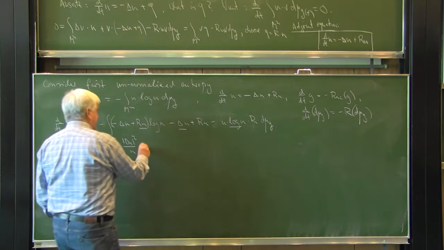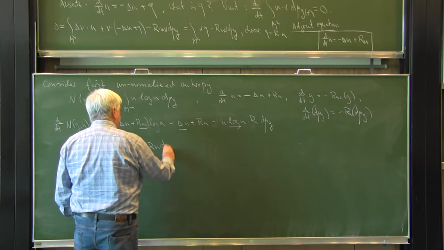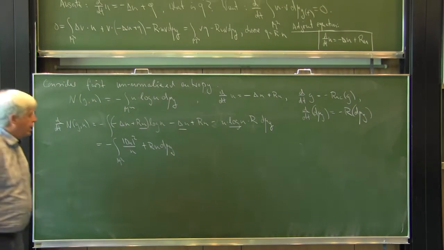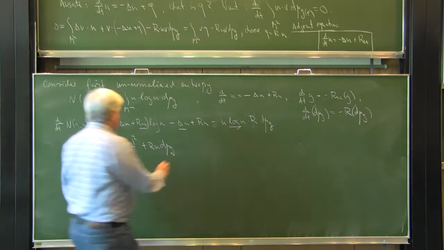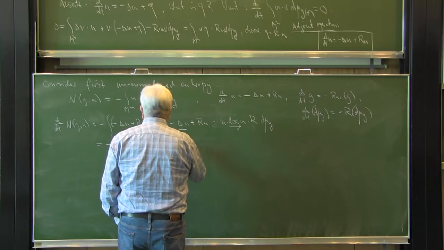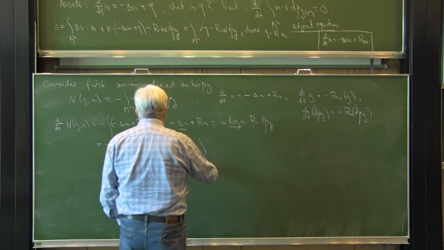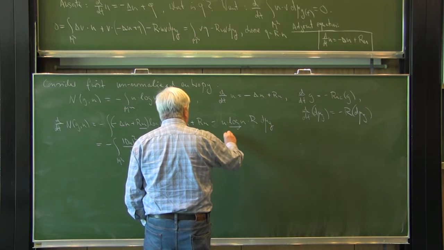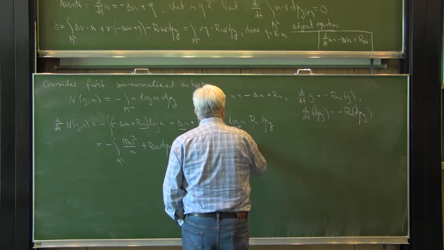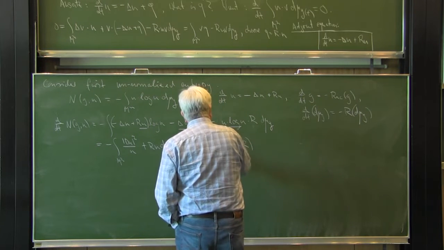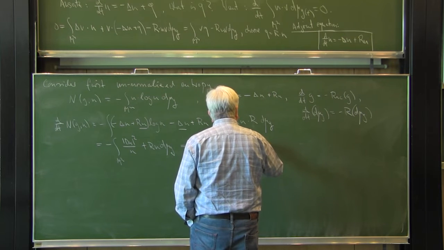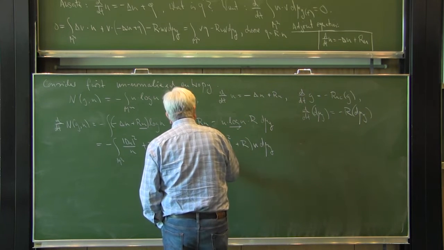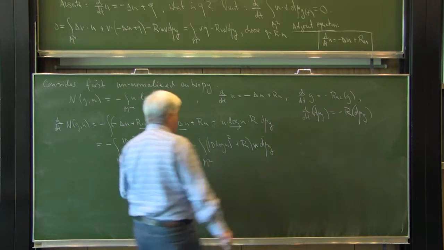Yeah, so it's a plus sign here, plus Ru d mu g over M, which we can write as minus the integral of gradient of log of u squared plus r times u times d mu g over M.